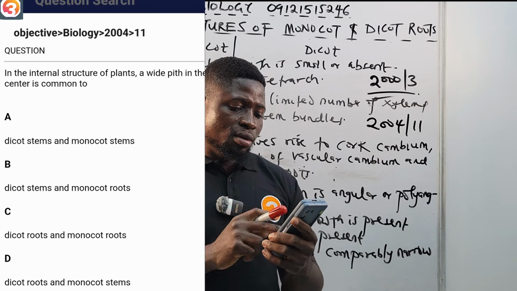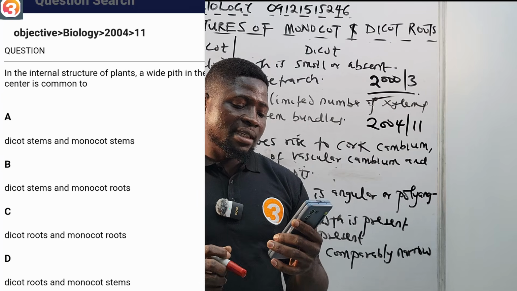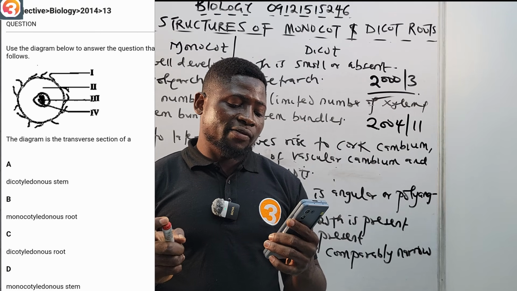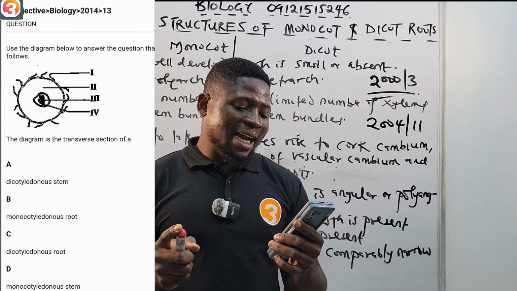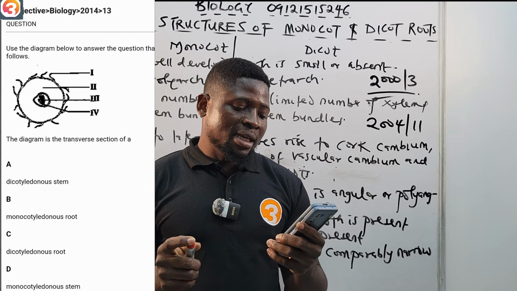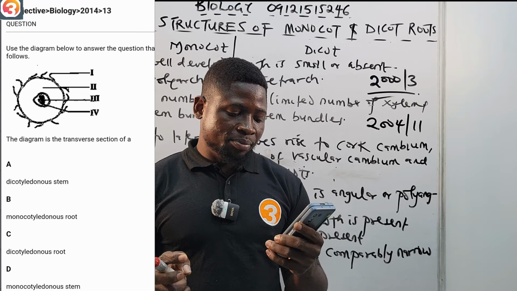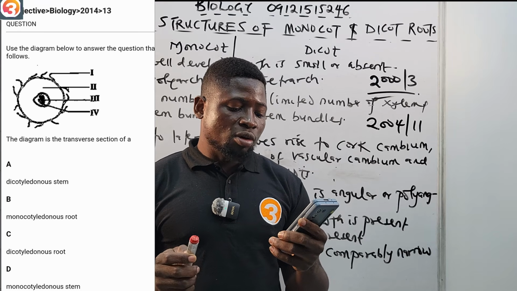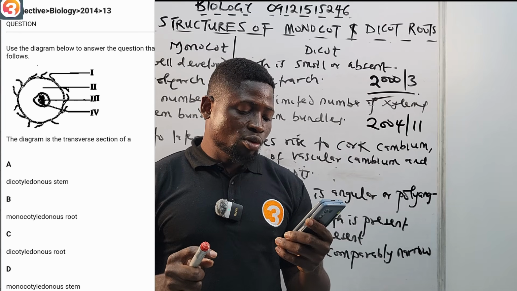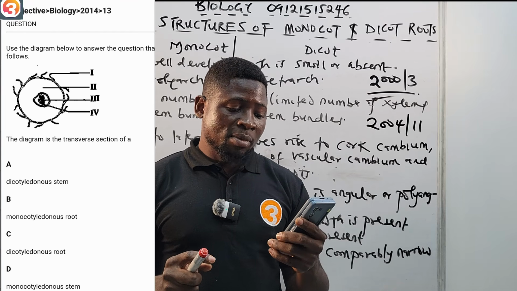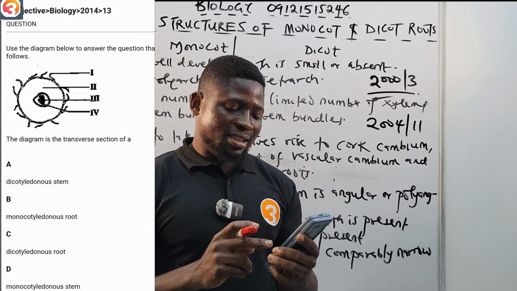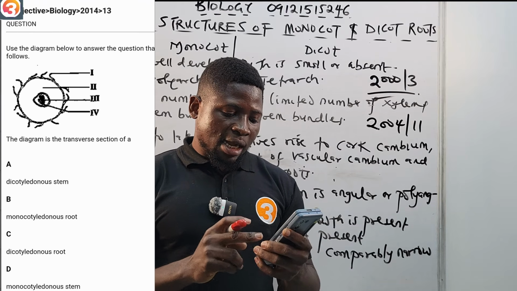Now let us go to 2014, number 13. Use the following diagram to answer the question that follows. The diagram is the transverse section of a dicotyledonous stem, B monocotyledonous root, C dicotyledonous root, D monocotyledonous root. Obviously it is a dicotyledonous root, option C. How do you know?